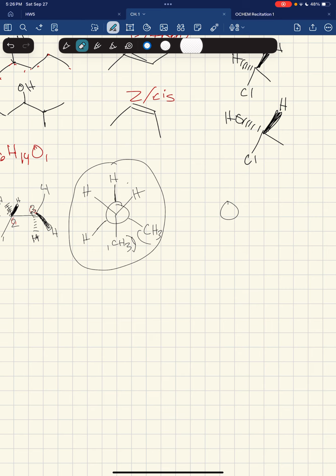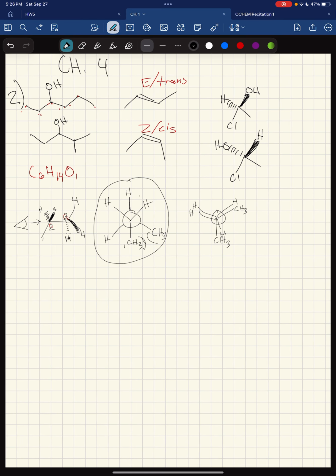Eclipsed is where it looks like this. I'm not good at drawing eclipsed. Where they're lined up front and back, and that will always be higher energy than the gauche because there's a lot of steric hindrance.